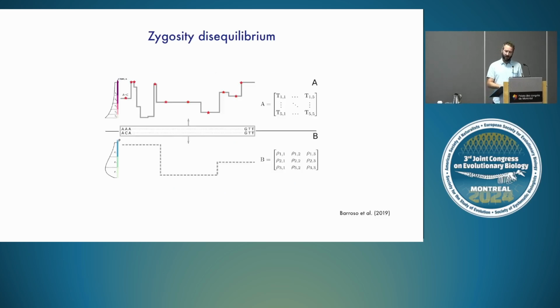There's a slightly rarer way to do this also with a form of disequilibrium called zygosity disequilibrium. Now I only have whether you're a homozygote or a heterozygote. I don't know which kind of homozygote or heterozygote you are, but SMC-based methods can still estimate the recombination rate using that information. The resolution of this method is not very good, but it still tells you the recombination rate.